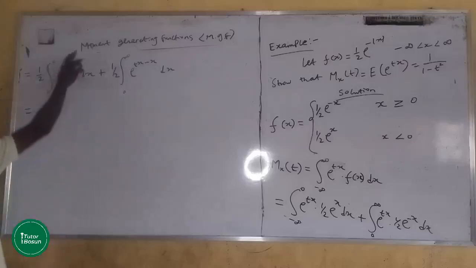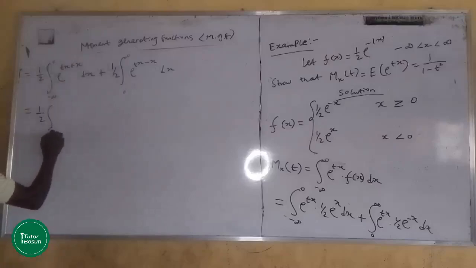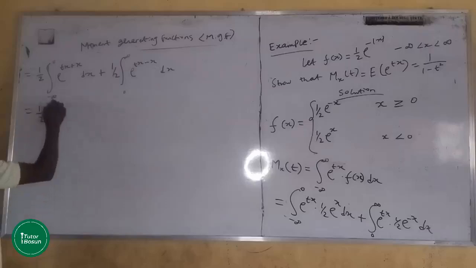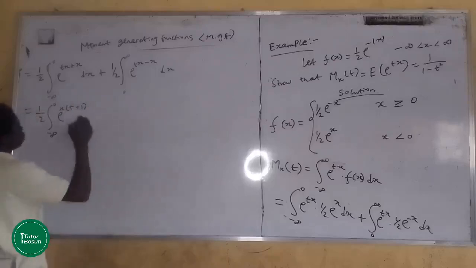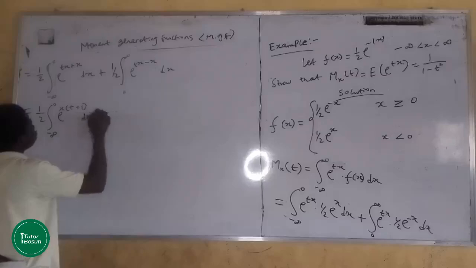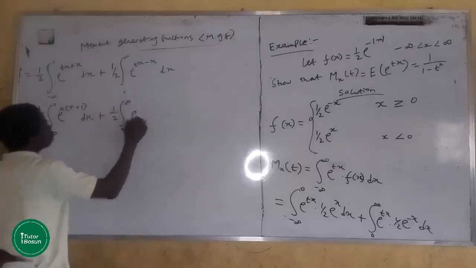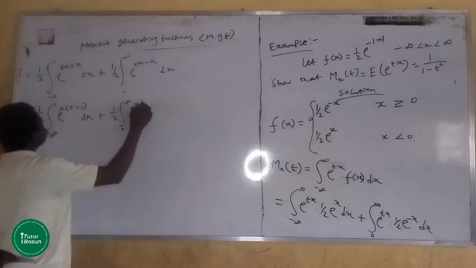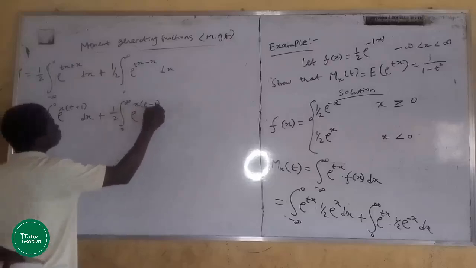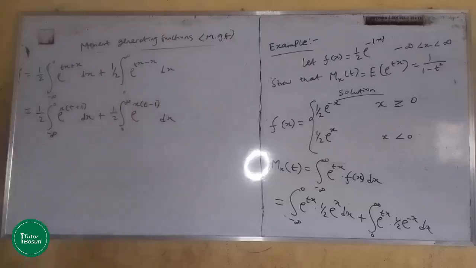If you bring out x first, we have 1/2 integral from minus infinity to 0 of exponential x into t plus 1 dx, plus 1/2 integral from 0 to infinity of exponential x into t minus 1 dx.